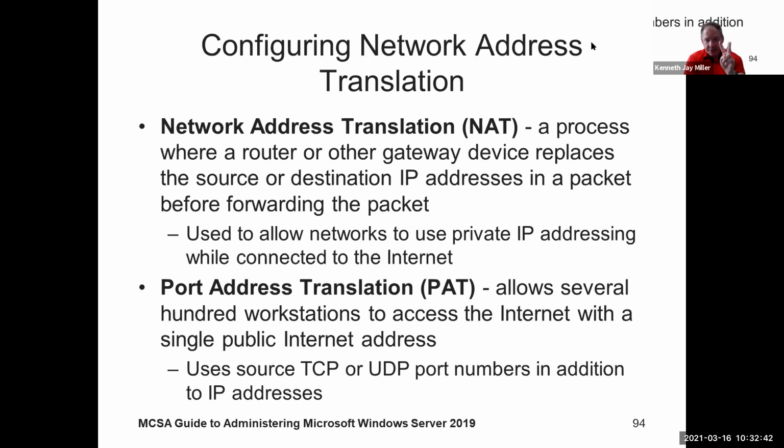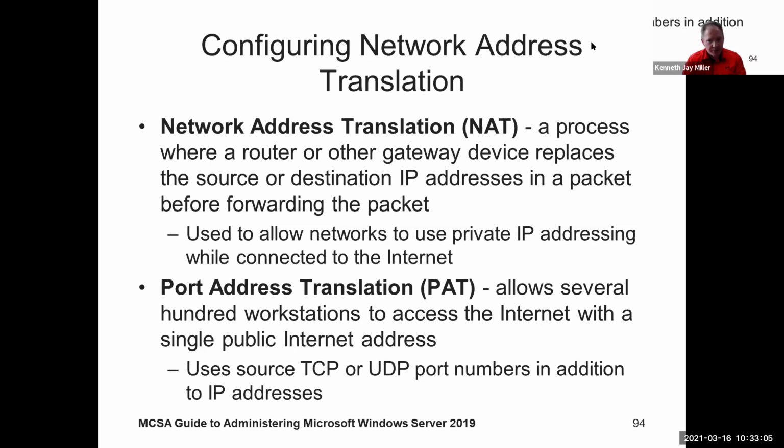Remember, we're going to have 2 adapters in our server. So which one is connected to the outside? Once we select that, it automatically says, well, the other one's on the inside. And it will say, if you're on the inside trying to get to the outside, I'm going to translate your address to an address that looks like it's on the outside, because then that traffic can flow, right?